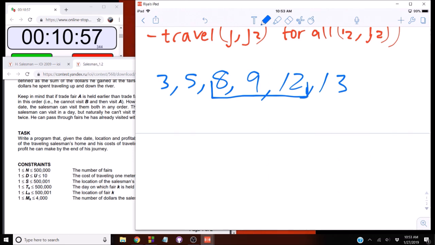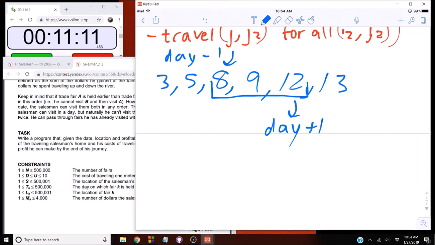So yeah, from the previous day, from day -1, we'll start at one location and then we'll end at the other location and then we'll go to day +1. Now the thing is there are two options.